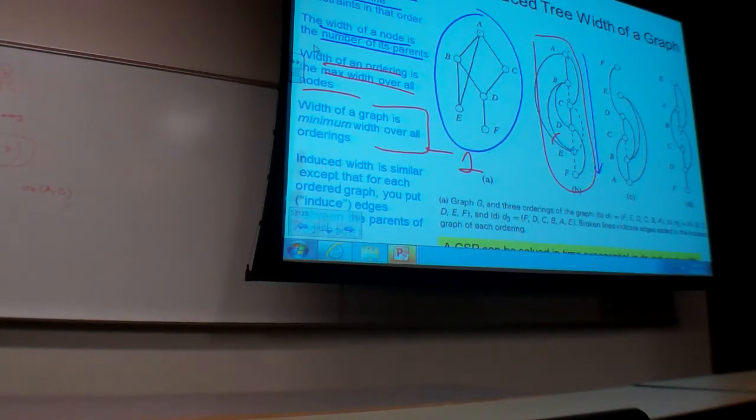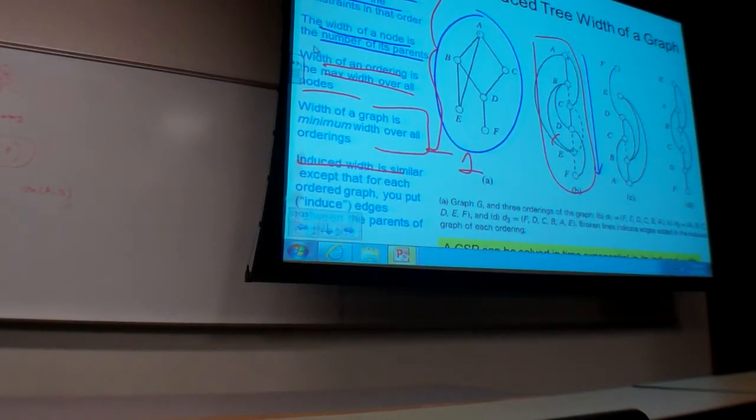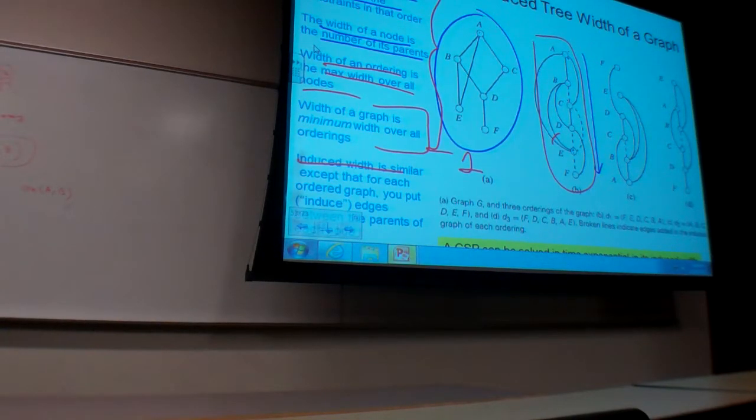Okay. The only difference from what we discussed up to here is just the width, and induced width is the same notion, except with respect to the ordering, you will put induced edges between parents of any given node. So for example, you put an edge between B and C, because B and C will wind up being parents of the node.